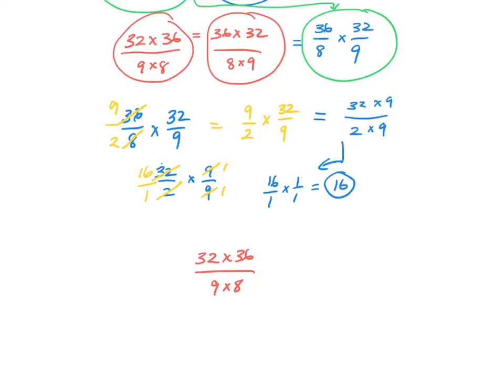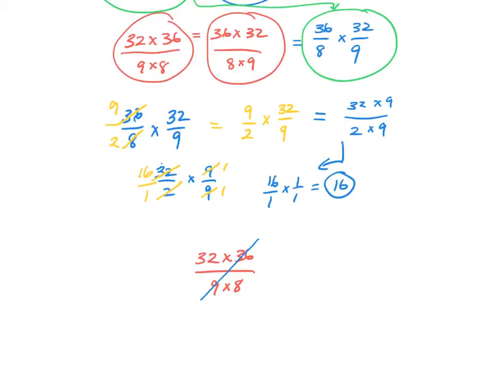I can simplify directly within that problem because I know I can pull these numbers apart and I know that I can rearrange them because of the commutative property. I can simply do something called cross simplification. So I'm going to simplify diagonally like this, and 36 and 9 both share a common factor of 9.